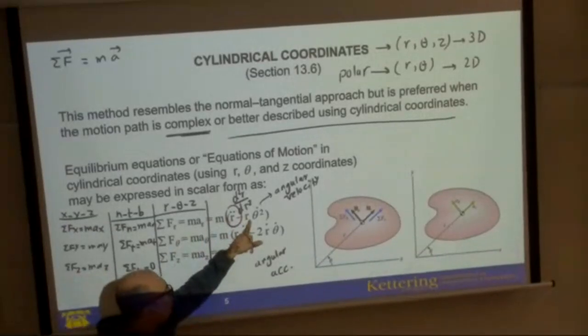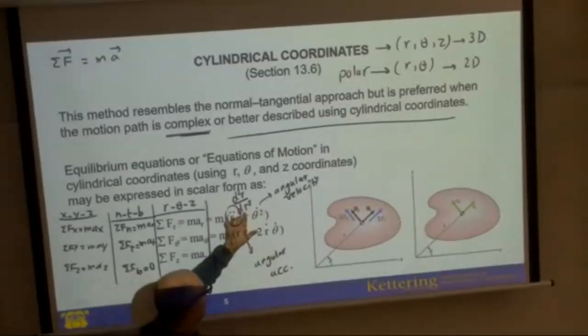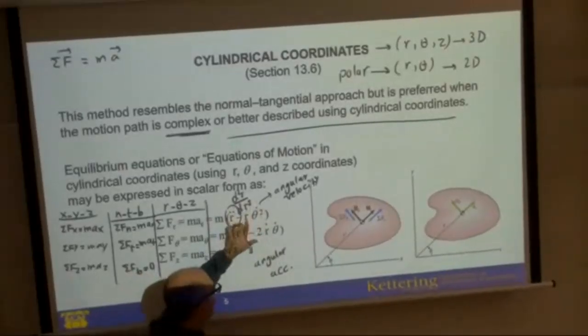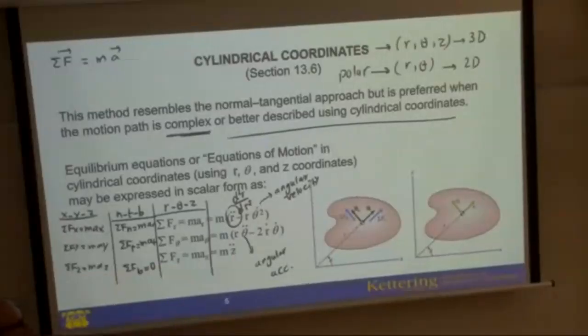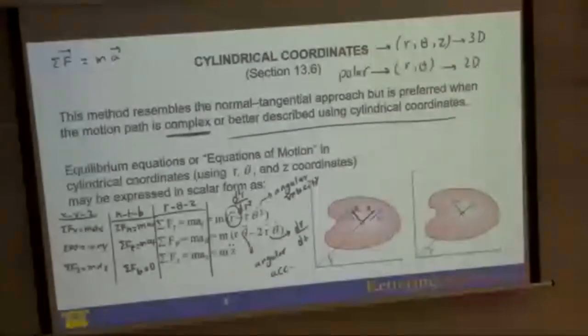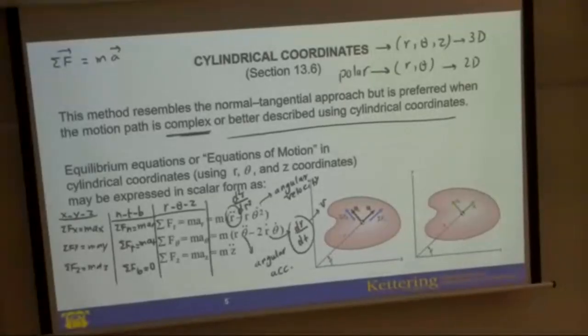For the next one, r theta dot squared also has some type of acceleration units. And r dot is the derivative of r with respect to time, which is a type of velocity, or linear velocity.